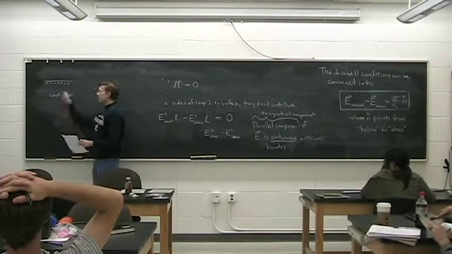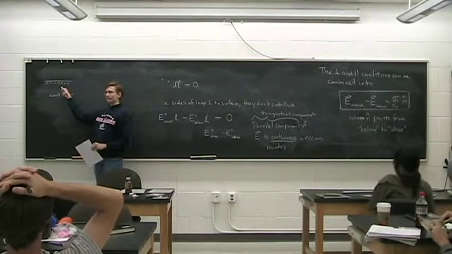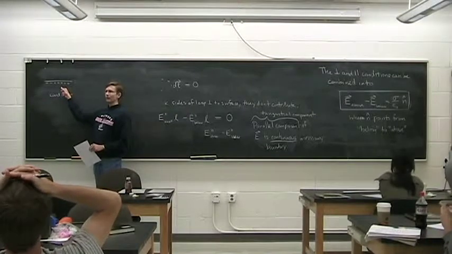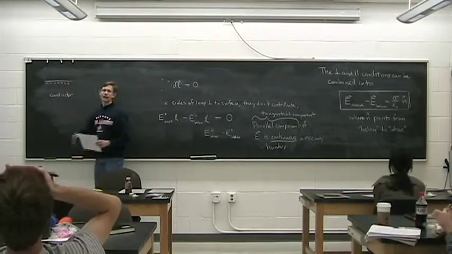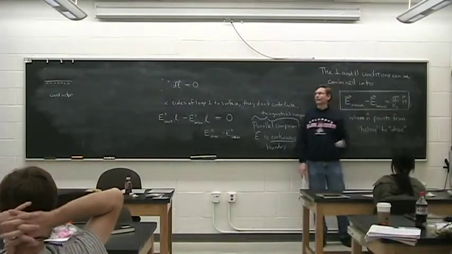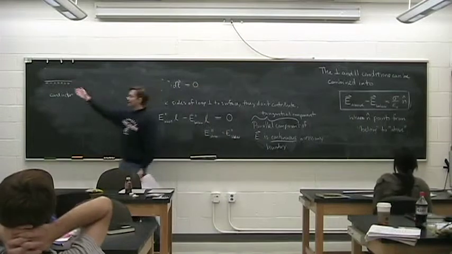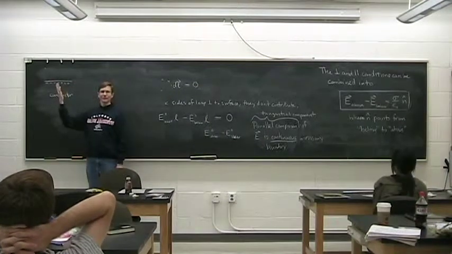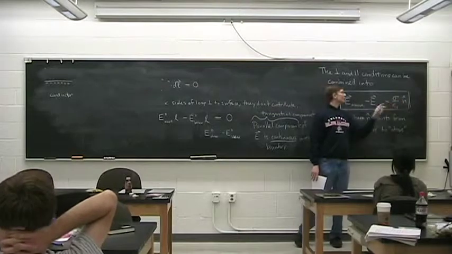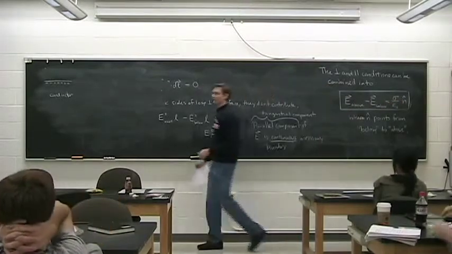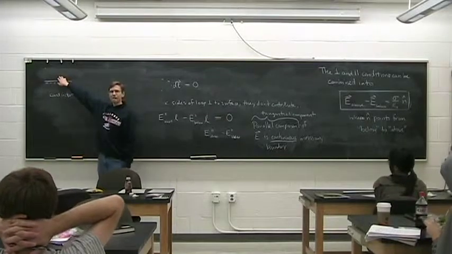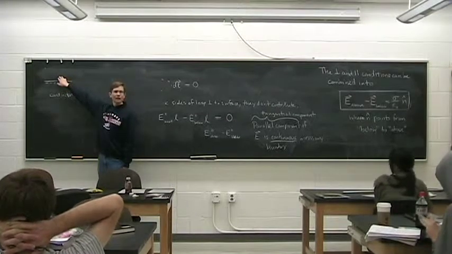The electric field inside the conductor is 0, right? So if it's 0 inside and the perpendicular component jumps by sigma over epsilon naught at the boundary, then the electric field outside is sigma over epsilon naught.